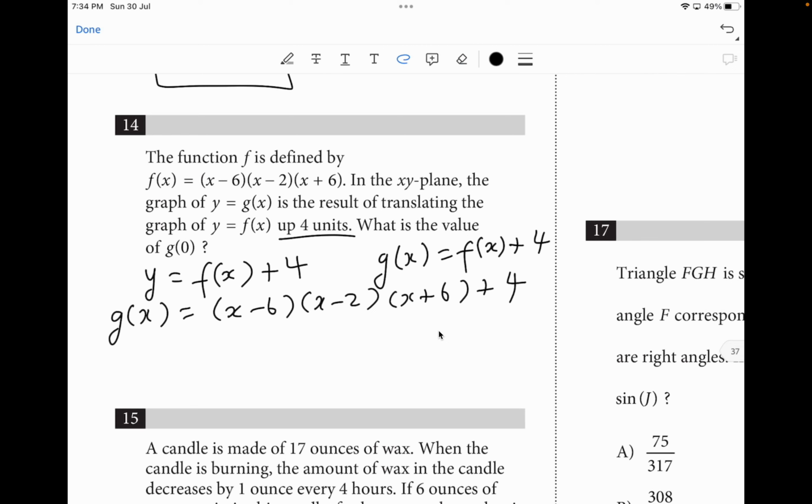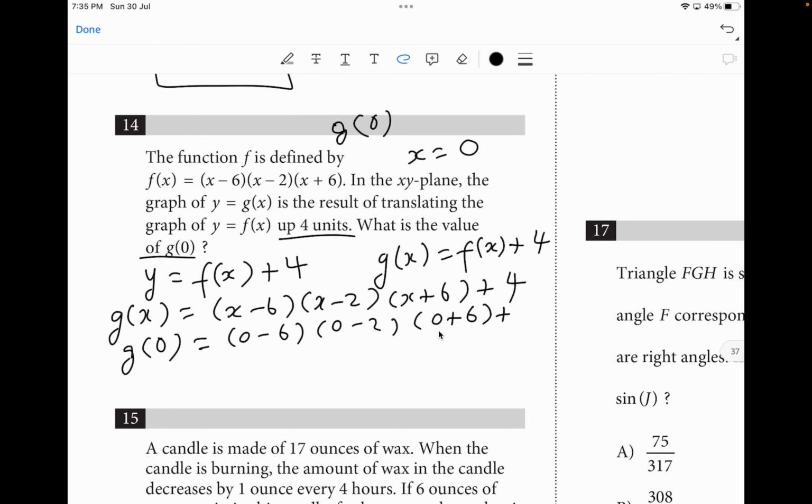Now let me write it down here. If you substitute x as 0, since they've given g of 0, it's going to be equivalent to (0 minus 6)(0 minus 2)(0 plus 6) plus 4, which should give you the value.